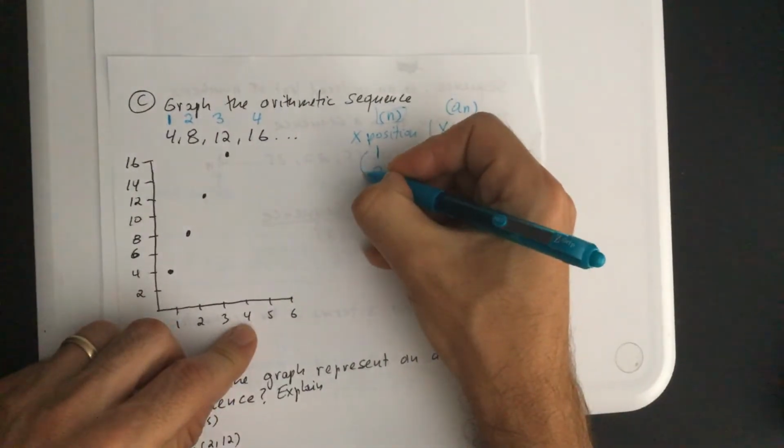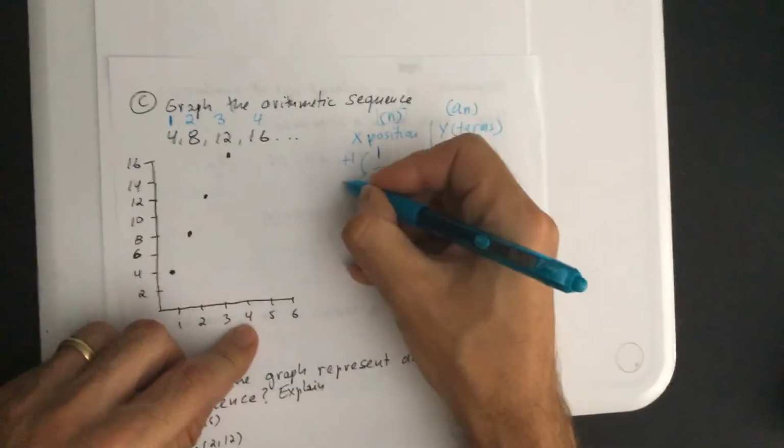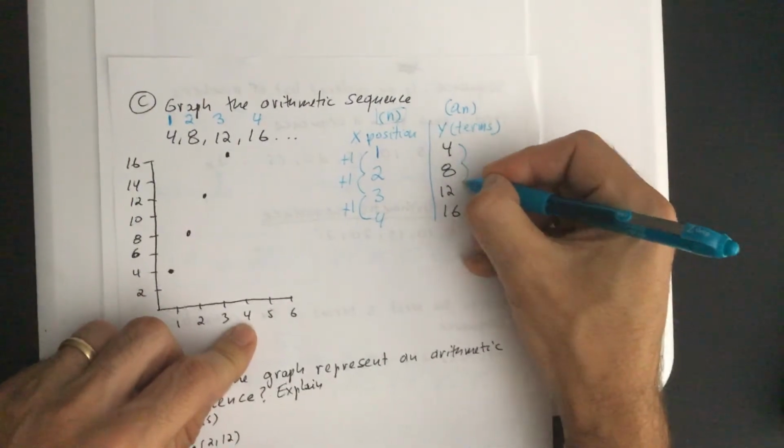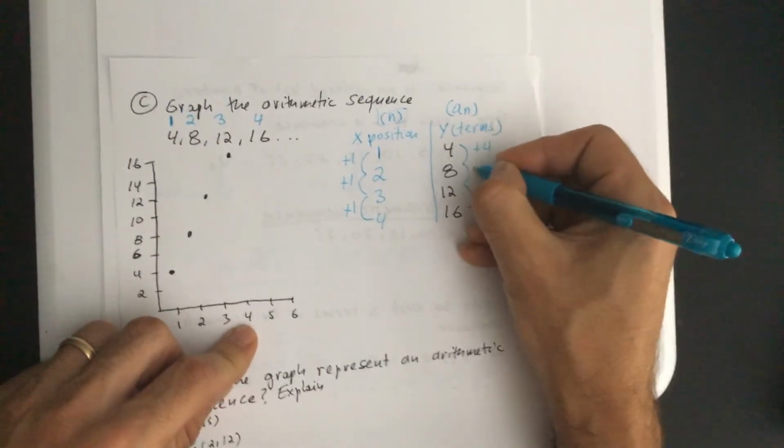Notice here, and here, we're changing by 1, and here, my common difference is 4. We're going by 4.